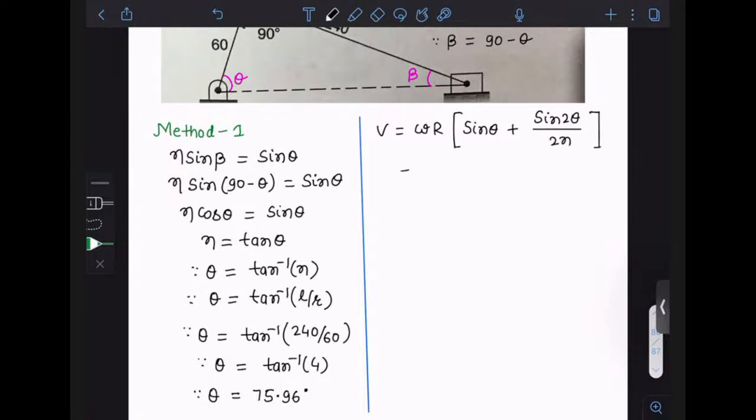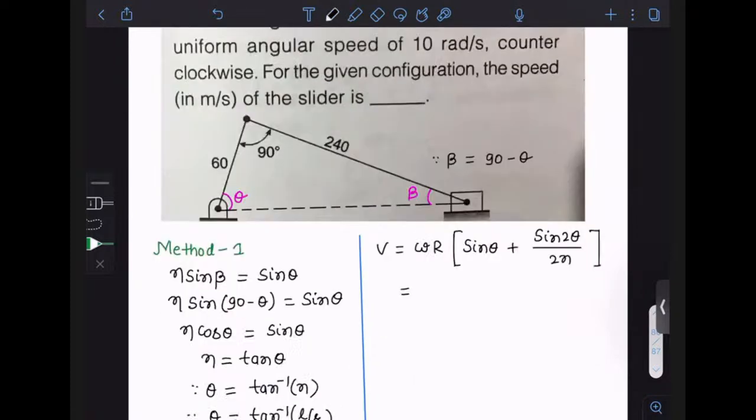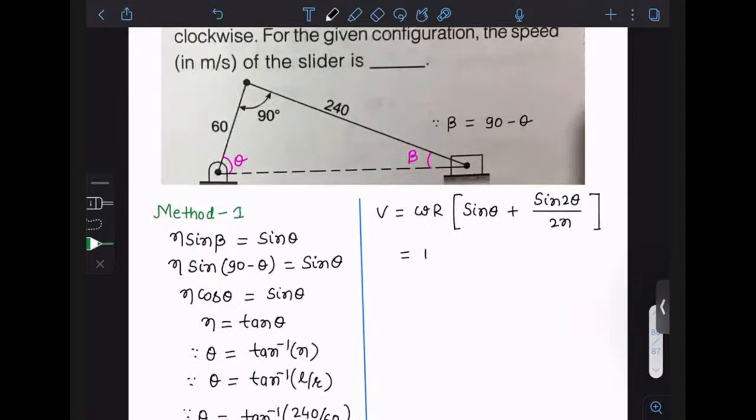Now put the value, you will get the answer. I don't know why you guys are not able to solve this silly question, which means your level is very poor, very, very poor level, right? 10 radian omega is given and radius is your 60, correct? Radius is 60 mm, that is 60 into 10 to the power minus 3.